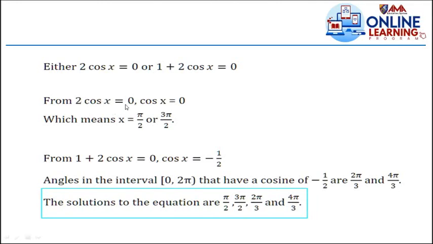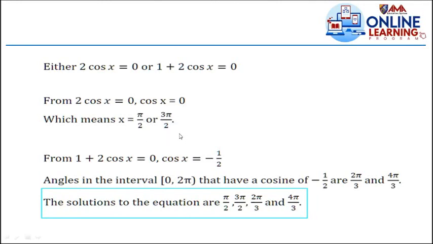From 2 cosine x is equal to 0, therefore cosine x is equal to 0, which means x is equal to pi all over 2, or that is 90 degrees, or 3 pi all over 2. 3 times 180 divided by 2 is equivalent to 270 degrees.